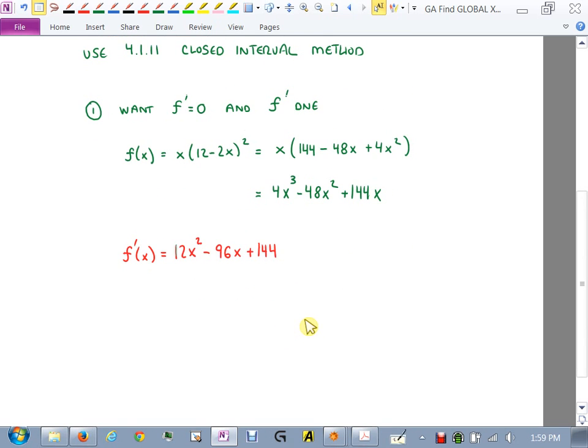We all agree? Okay, now let me go look at the two things. Where was the derivative equal to 0? Well, that means I have to set 12x squared minus 96x plus 144 equal to 0.